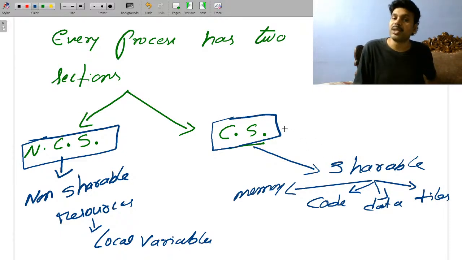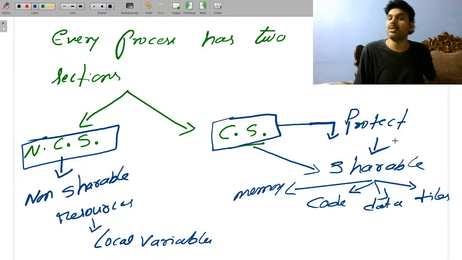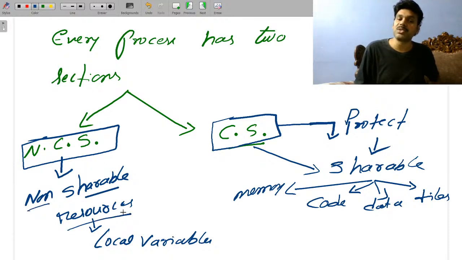The critical section is going to protect your shareable resources because they are under shared mode among all the processes. But we don't bother about non-shareable resources, because they are already not shareable. This is very, very important.